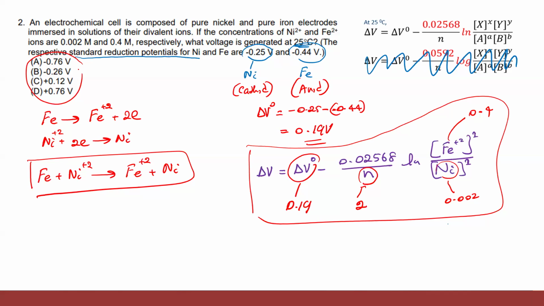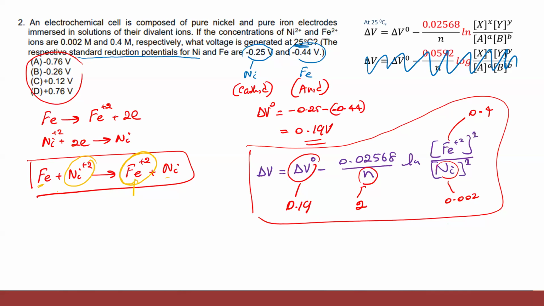Okay, so here the iron is in the aqueous media. Only the iron is in the aqueous media. The one which is Fe or the nickel, that is the pure solid. So it's a solid. Concentration, we talk about the solution. Ions are in the solution.